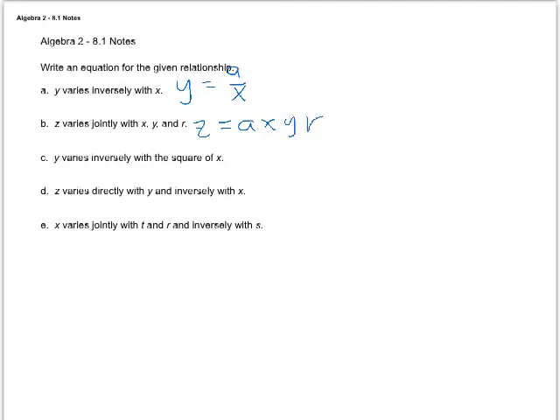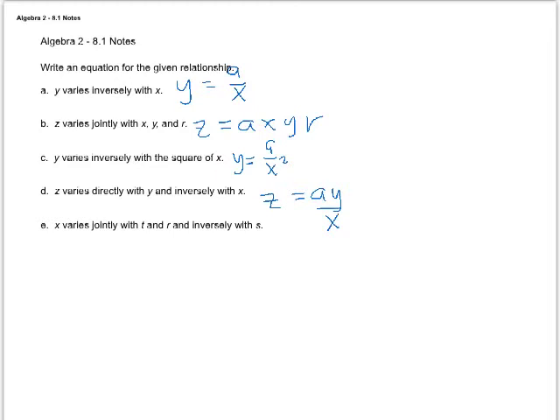Y varies inversely with the square of x. So again, inverse is going to be a over x, but x what? Squared. Okay. Z varies directly with y and inversely with x. It's going to look like this.